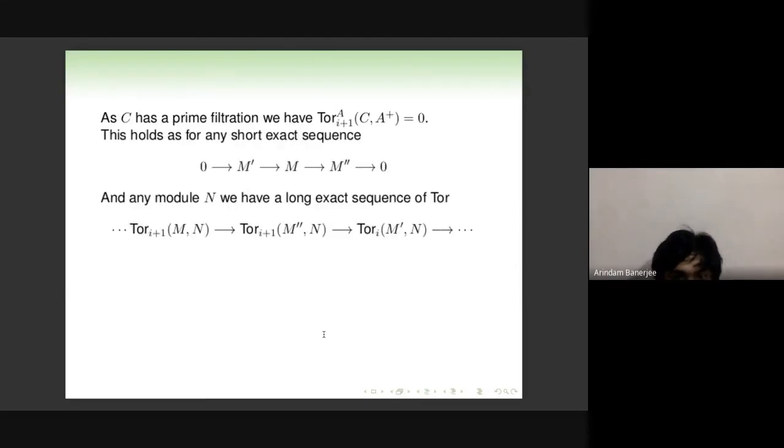This is 0. This holds essentially because for every short exact sequence 0 to M' to M to M'' to 0, we have this long exact sequence of Tors.